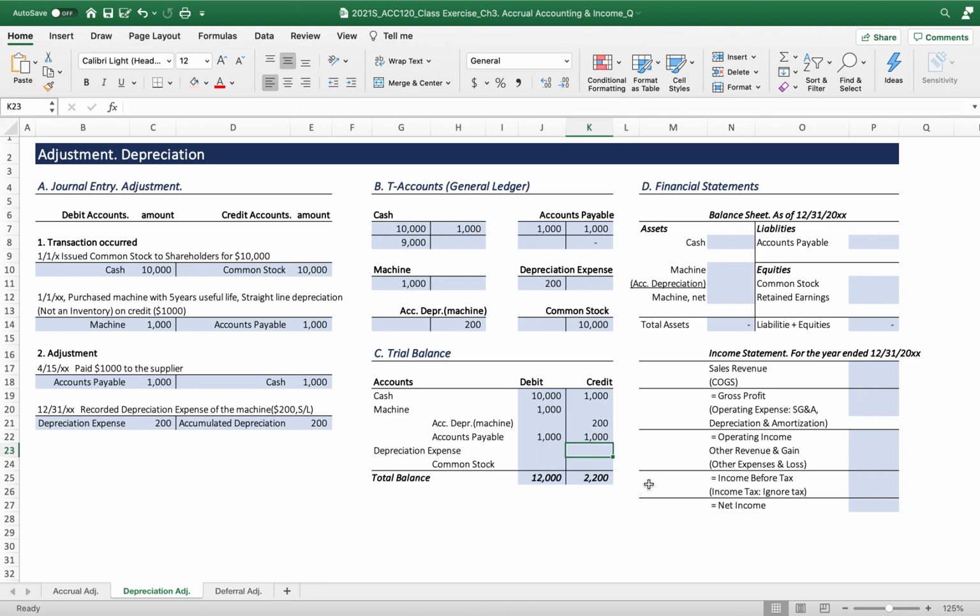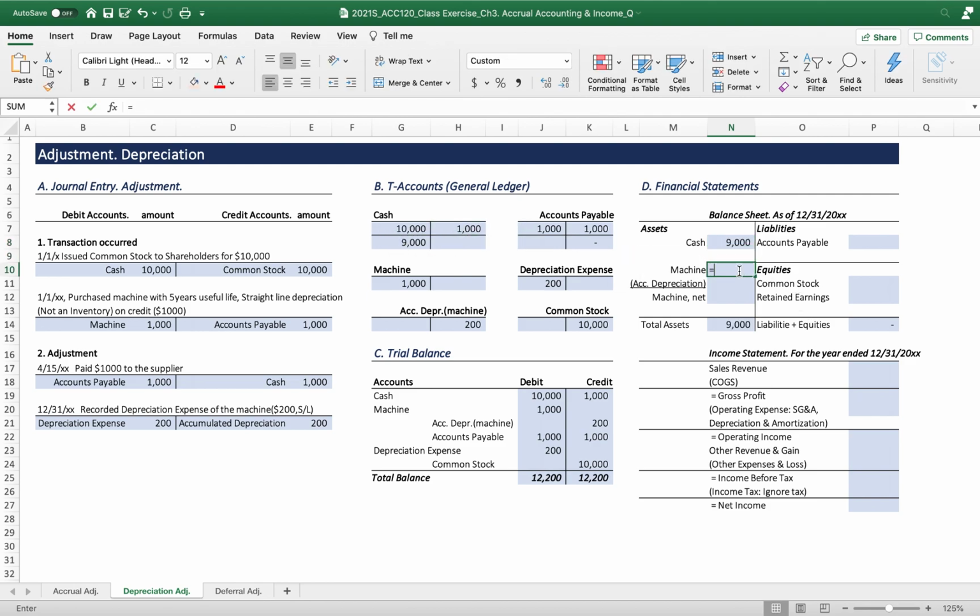There we go. And then depreciation expense on the debit side and the common stock on the credit. So the sum of all the debits and the sum of all the credits is 12,200, balanced out. Once we made sure that debit and credit balanced out, let's collect the balances.